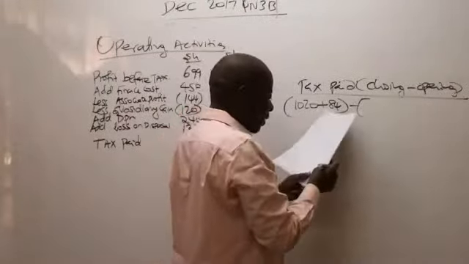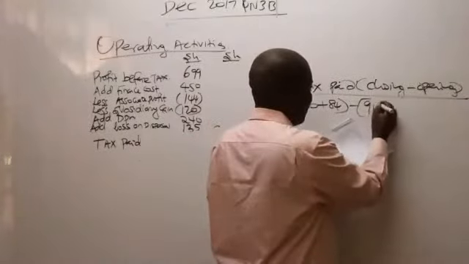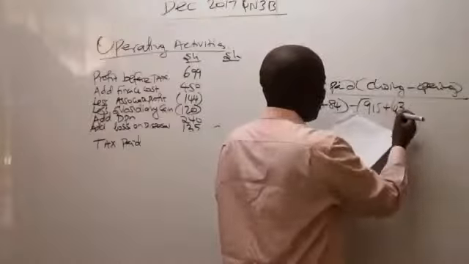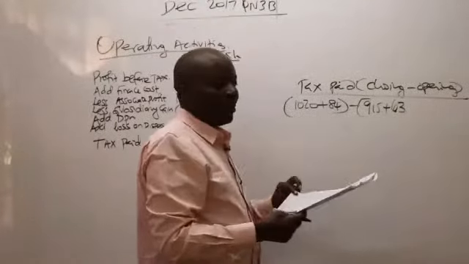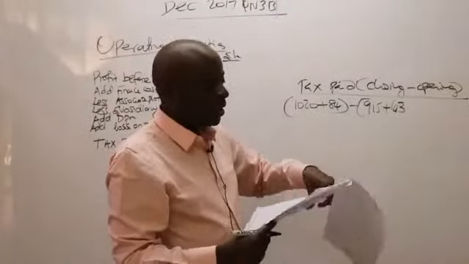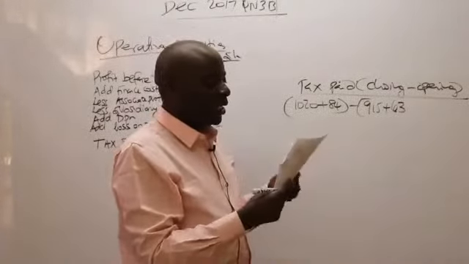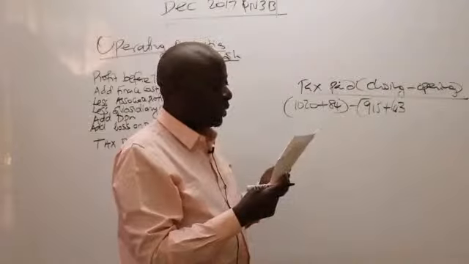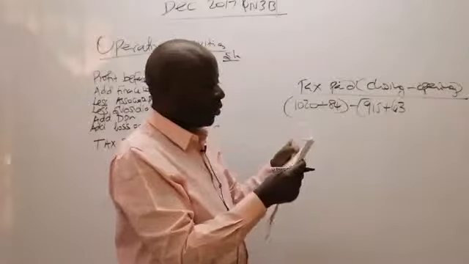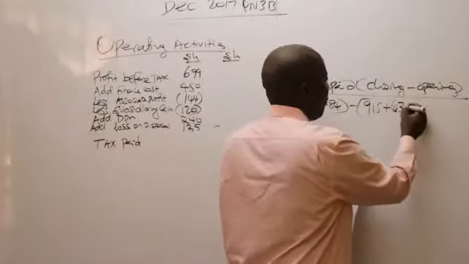So opening I can see 915 plus what here? 63. All right, plus 63. But again, remember that there was a disposal that has to be adjusted in the opening amount. A disposal of how much here, somebody? A disposal of 15.